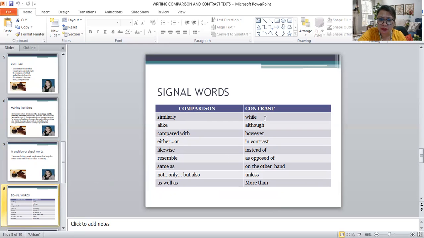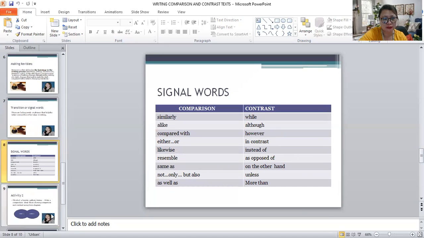While in contrast, you may use while, although, however, in contrast, instead of, as opposed to, on the other hand, unless, more than. These are some examples of signal words that you could use in writing. When writing, you will have to undergo all its stages to really make your composition clear and concise. Allow feedback and criticism of others in your work so that you could come up with a good composition.